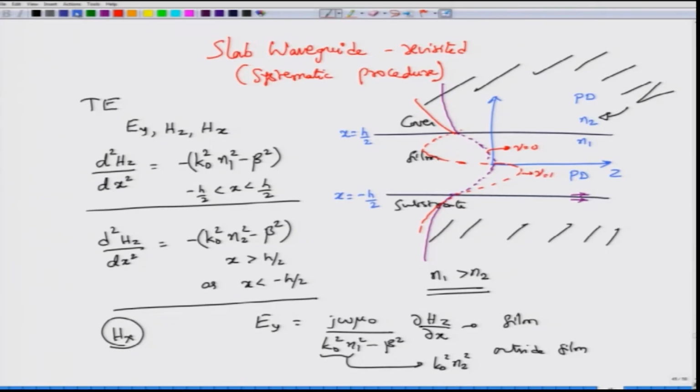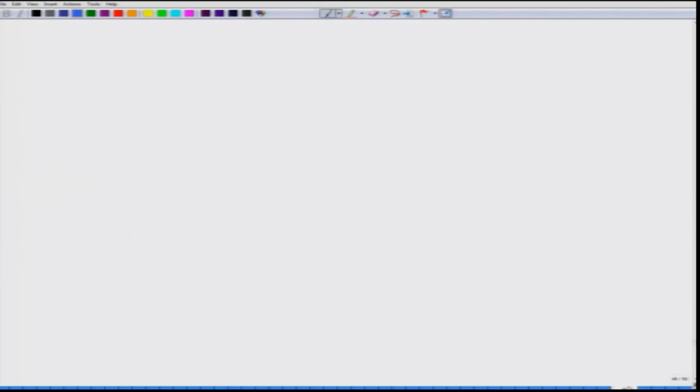Okay. So, we are going to look at why it is not so simple, and the key to this kind of solutions lies in this expression. Okay. I am going to introduce a couple of notations here. I will say kappa f square, which is the transverse wave number, to be defined as k0 square n1 square minus beta square, and I clearly want kappa f to be a positive quantity. Okay.